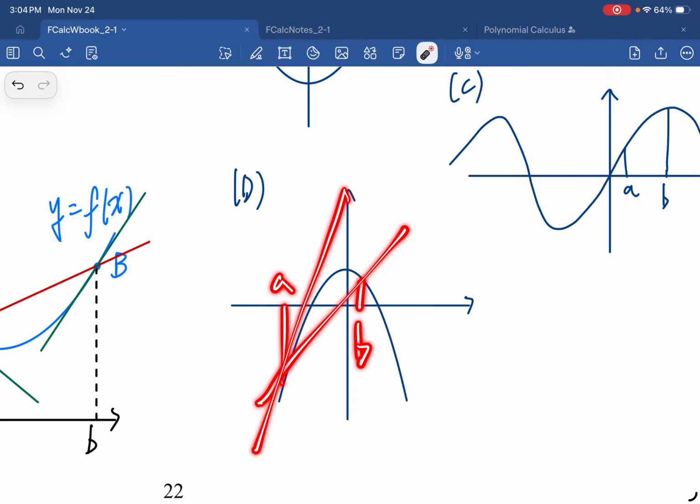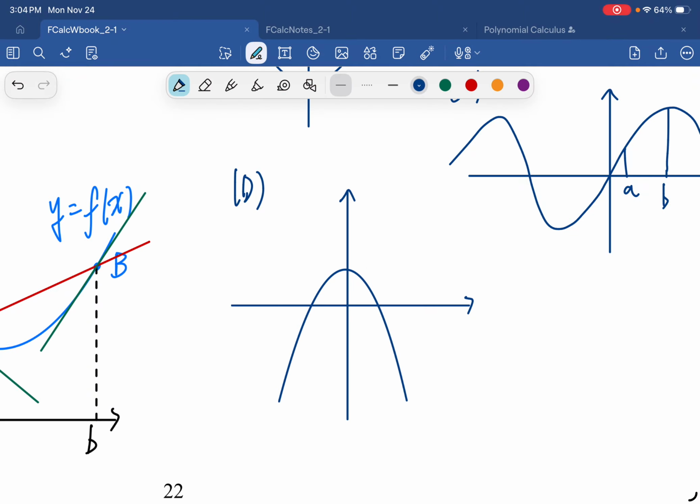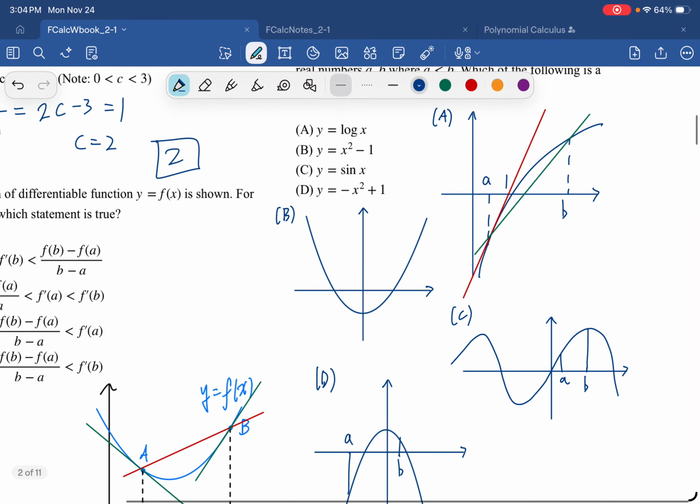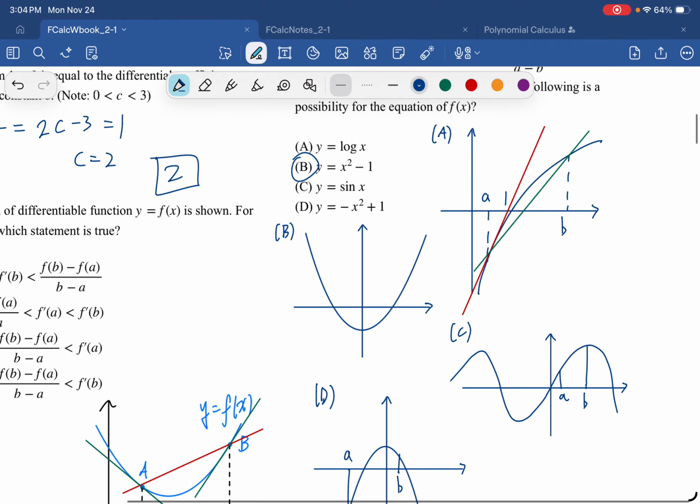Again, the tangent line has a greater slope than the secant line, so the curve is automatically out. If we chose a here and b here, we found that it violates our condition. So only option B would make sense as our answer.